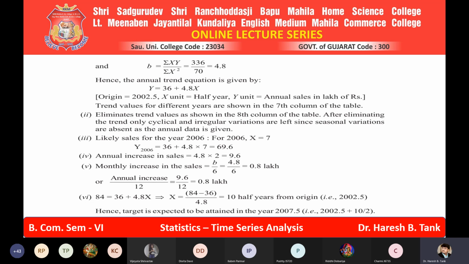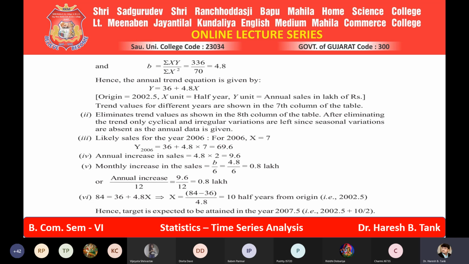The next question was to estimate the sales for the year 2006. For 2006, the first thing to be done is to calculate the value of x. As we know, we have to take a deviation from 2002.5 and then multiply it by 2, because x we have taken in a column, you can observe, you have doubled it.